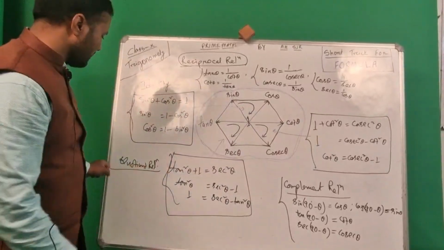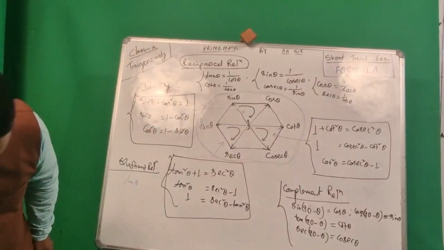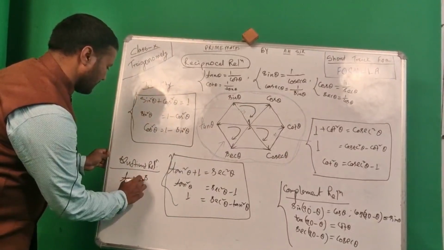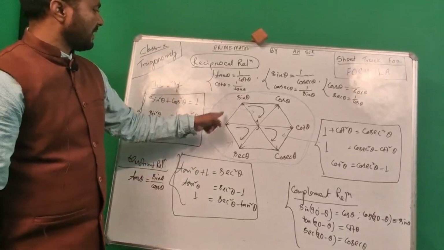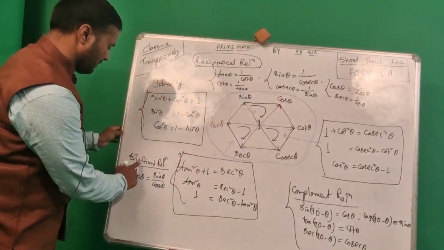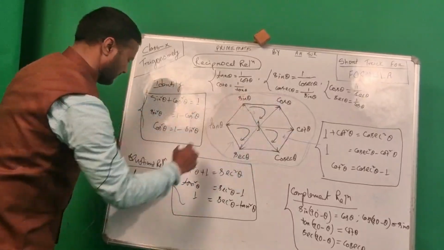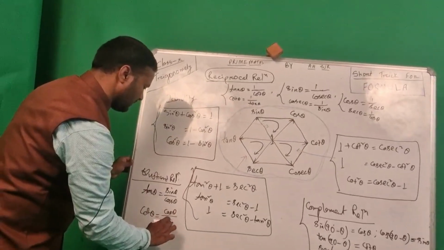After that, the quotient relation we have, that is like this: tan theta equals sine theta by cos theta. This one is from here, tan theta equal to sine by cos, quotient relation. And cot theta equals cos by sine theta.